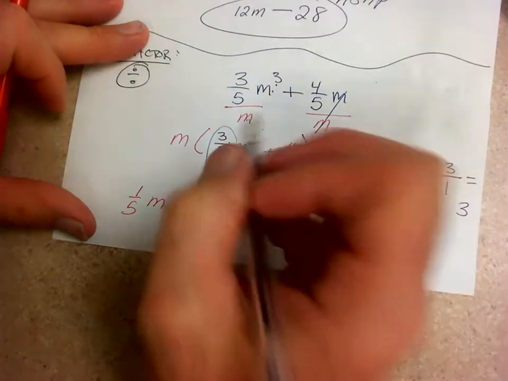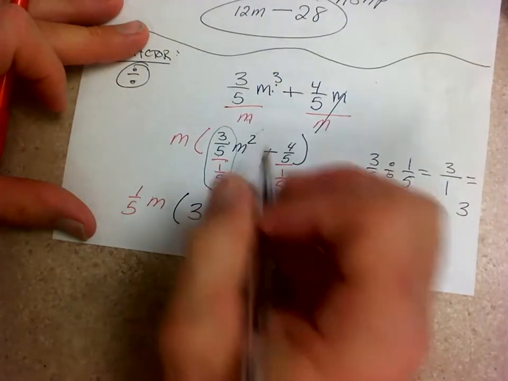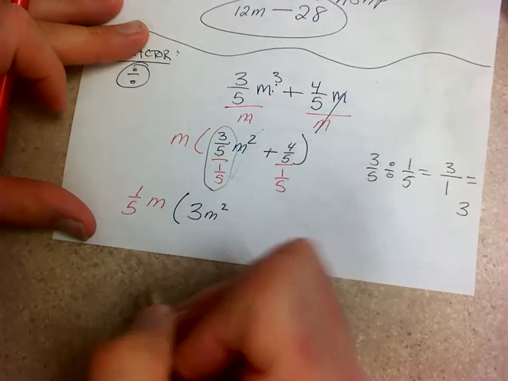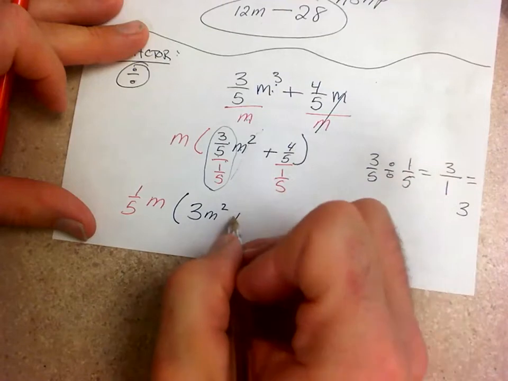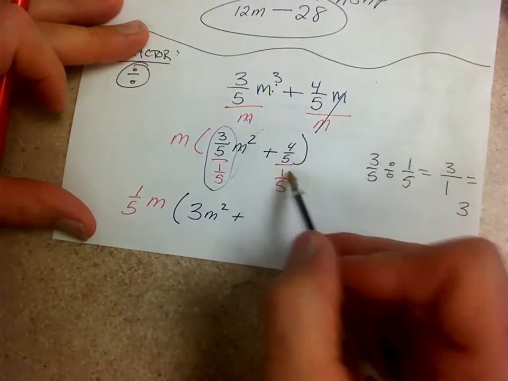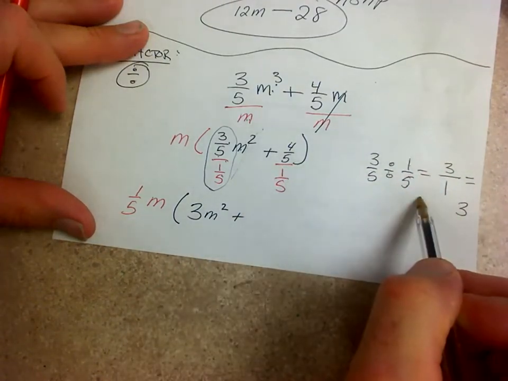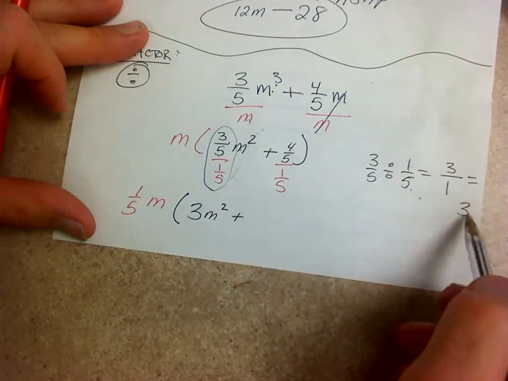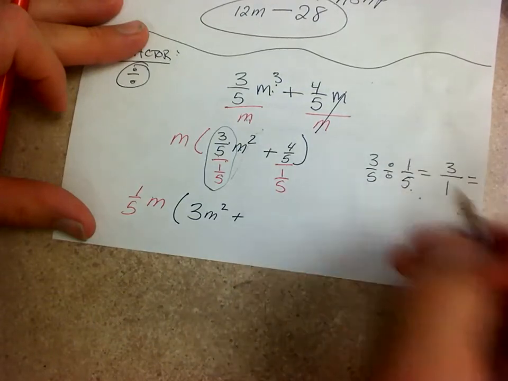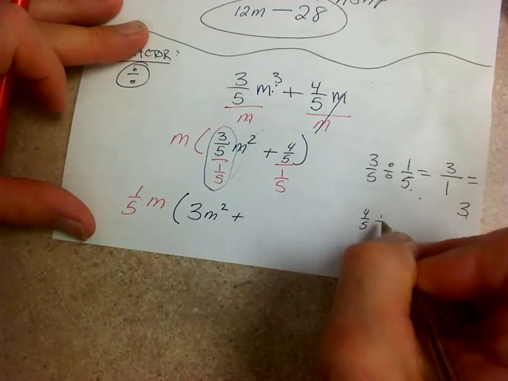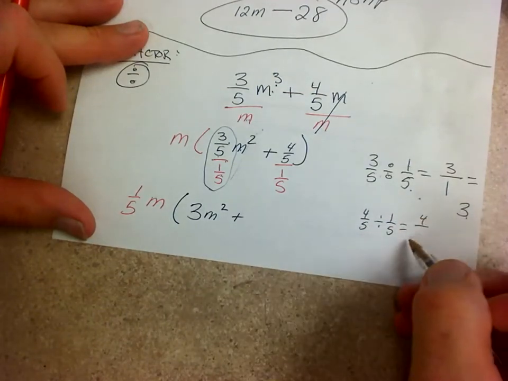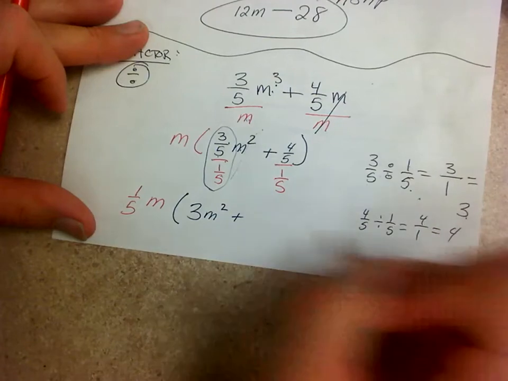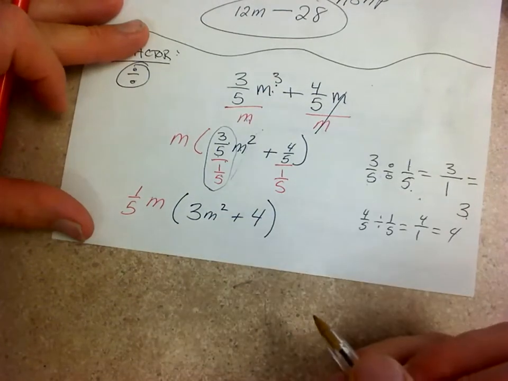So we get 3, and we still have an m squared. Now 4/5 divided by 1/5. From what we learned over here, 3/5 divided by 1/5 is just going to be 3. Same setup, 4 over 1. So we get a 4.